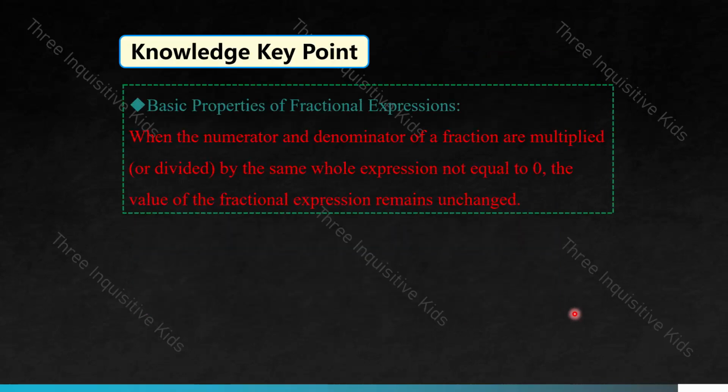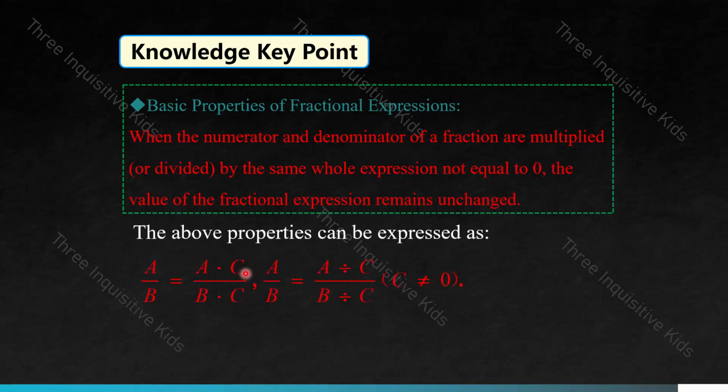Here are the basic properties of fractional expressions. When the numerator and denominator of a fraction are multiplied or divided by the same whole expression not equal to 0, the value of the fractional expression remains unchanged. The above properties can be expressed as a over b is equal to a times c over b times c.